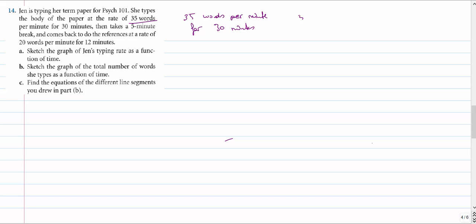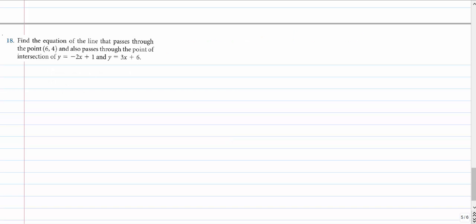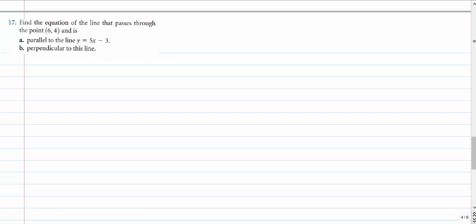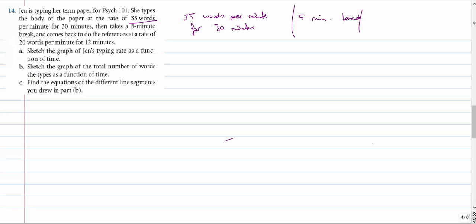Then she takes a 5-minute break and comes back to do the references at the rate of 20 words per minute for 12 minutes. Sketch the graph of Jen's typing rate as a function of time.